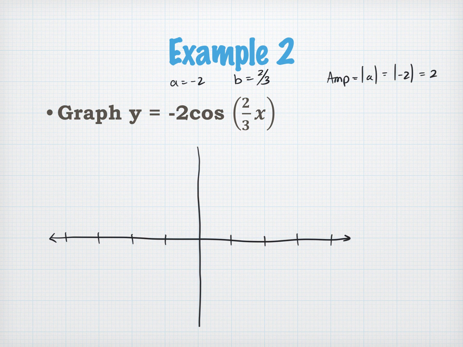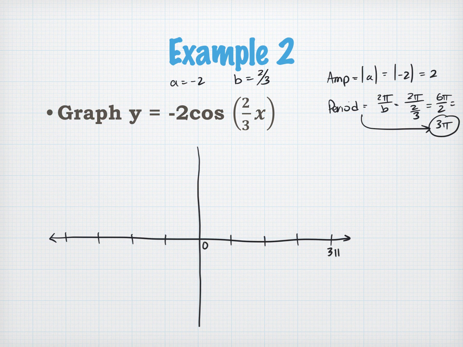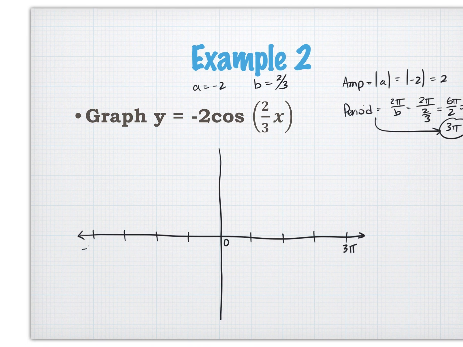And I know that my period is going to equal 2 pi over B. So 2 pi over 2/3, which when I do the math ends up being 6 pi over 2, or 3 pi. So my period is 3 pi. Since my period is 3 pi, I'm starting at 0 radians and going to 3 pi radians, and I'll have -3 pi radians on the other side.